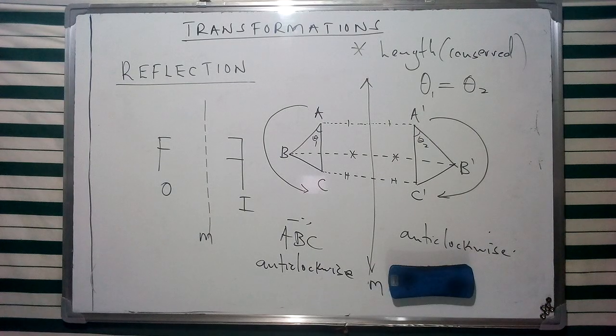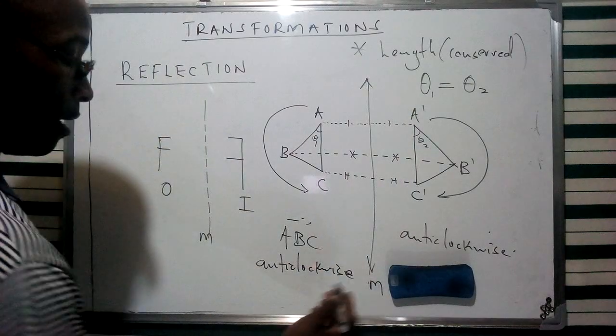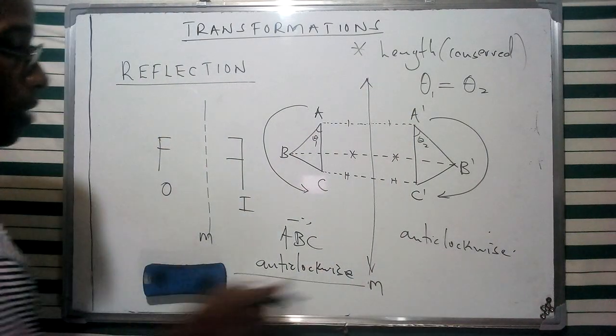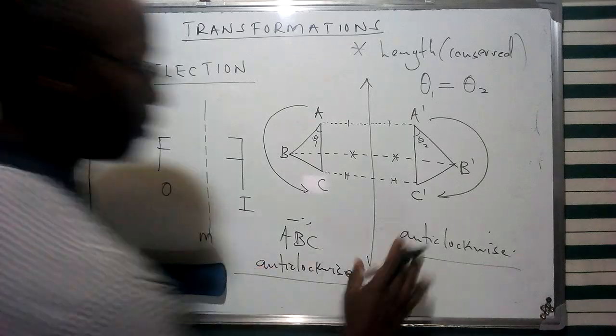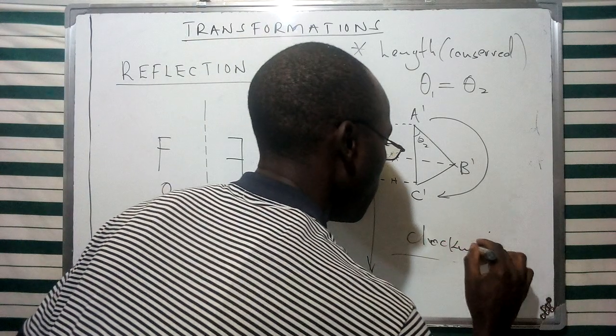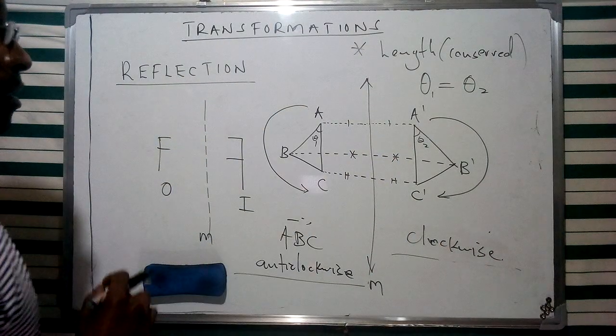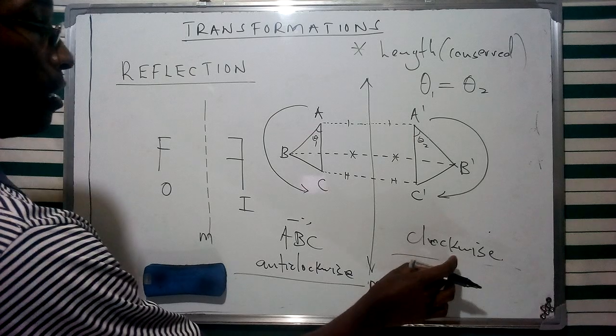And lastly, there's one aspect which is going to be changed, and that is the concept of anti-clockwise and clockwise. So this is going to be clockwise, sorry for that. For the transformation, we're going to see that this orientation is going to be changed in the image.